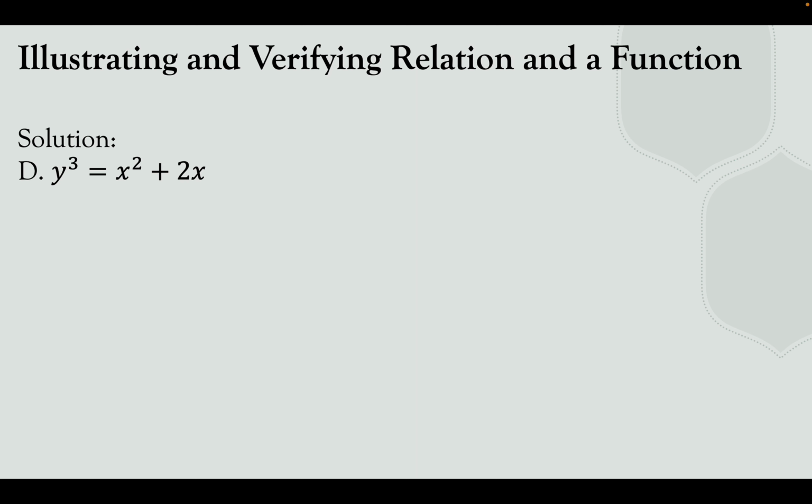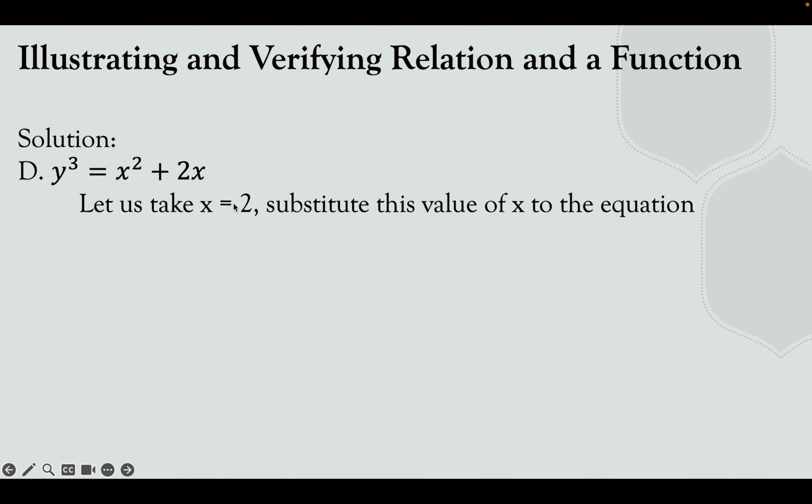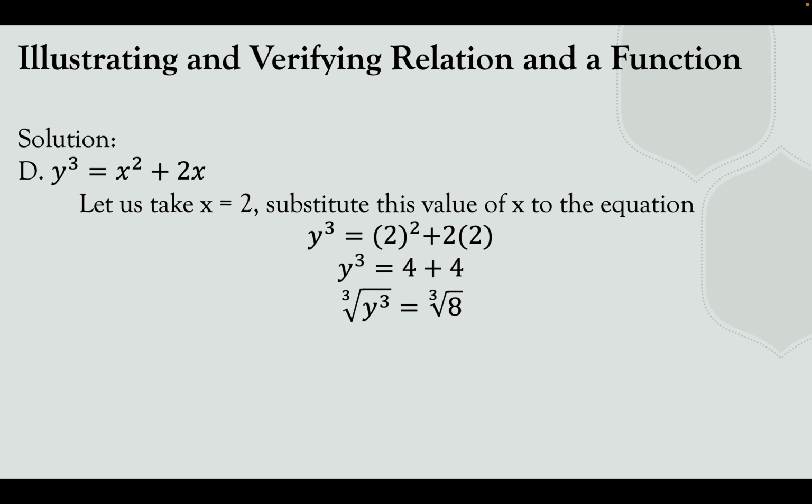Next, we have y cubed equals x squared plus 2x. So let us take x equals 2. Substitute this value to the x of the equation. So we have y cubed equals 2 squared plus 2 times 2. So y cubed equals 4 plus 4, which is 8. We can extract y here using the cube root.